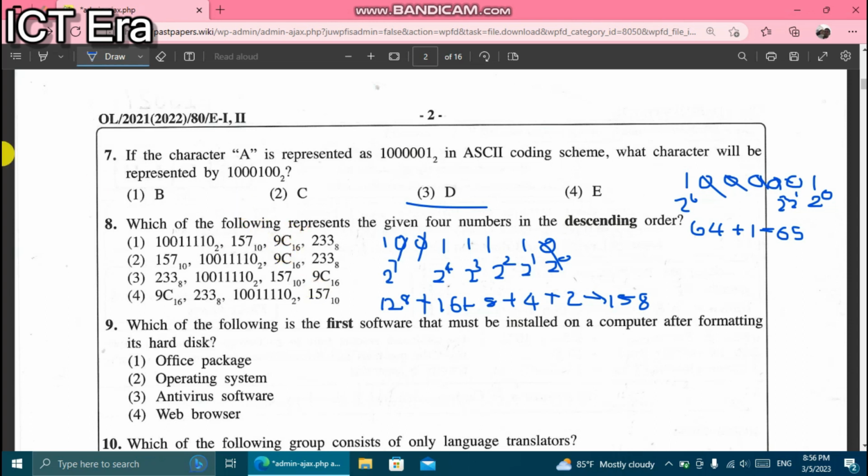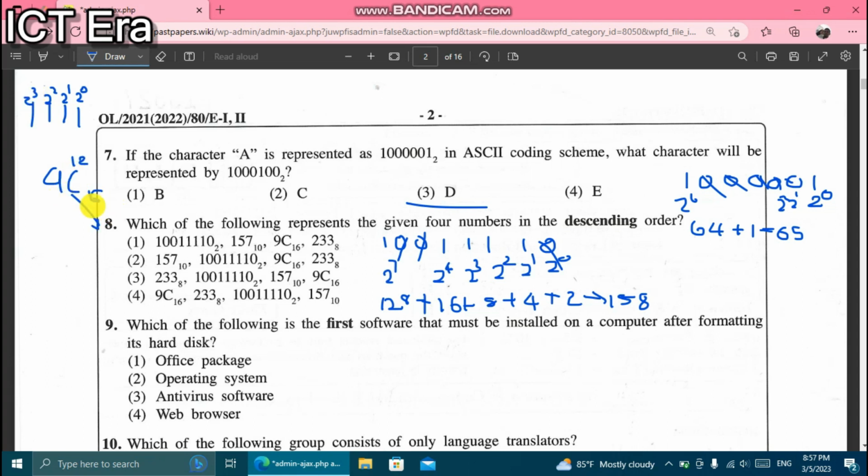And then the next one, 9C, is in hexadecimal form. So first of all we have to convert this 9C into a binary number. The easy method is we should use 4 bits, therefore I will use 4 ones here. Then I will denote 2 to the power 0, 2 to the power 1, 2 to the power 2 and 2 to the power 3.